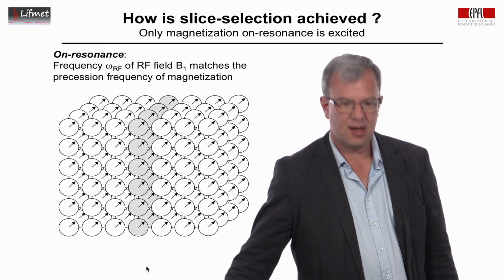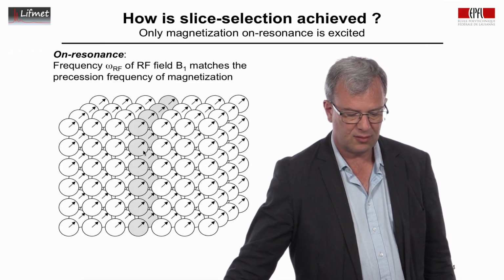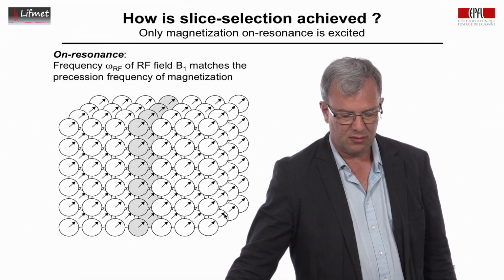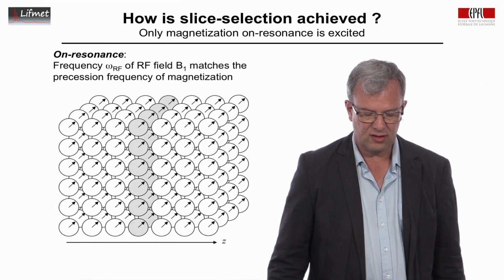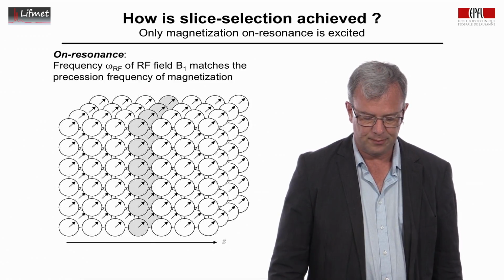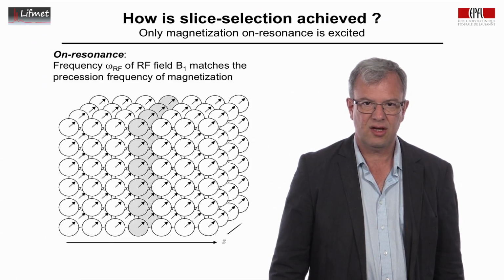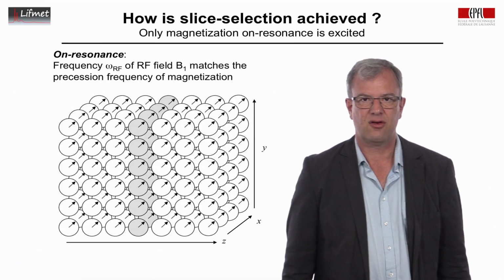What we're looking at here now is a cube. You can consider this an object, part of an object. It's a 7 by 7 by 4 matrix, and each of these voxels contains the magnetization vector. We have the z direction here, we have the x direction, and we have the direction in y.